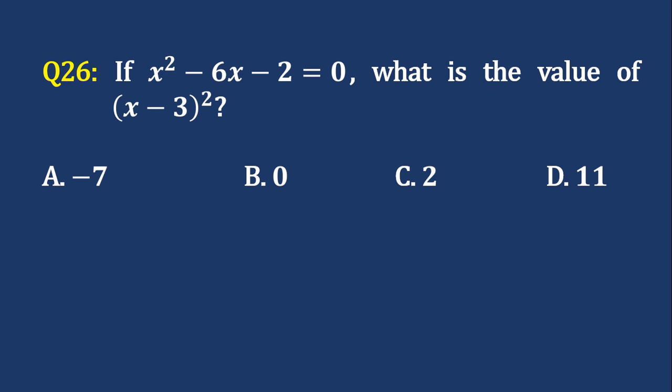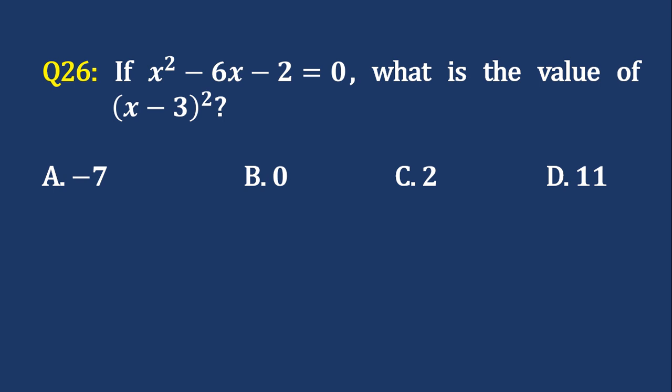Next question. If x squared minus 6x minus 2 equals 0, what is the value of the square of x minus 3? Alright, so the form of the given expression suggests a perfect square, right? So we must try completing the square of the left hand side.